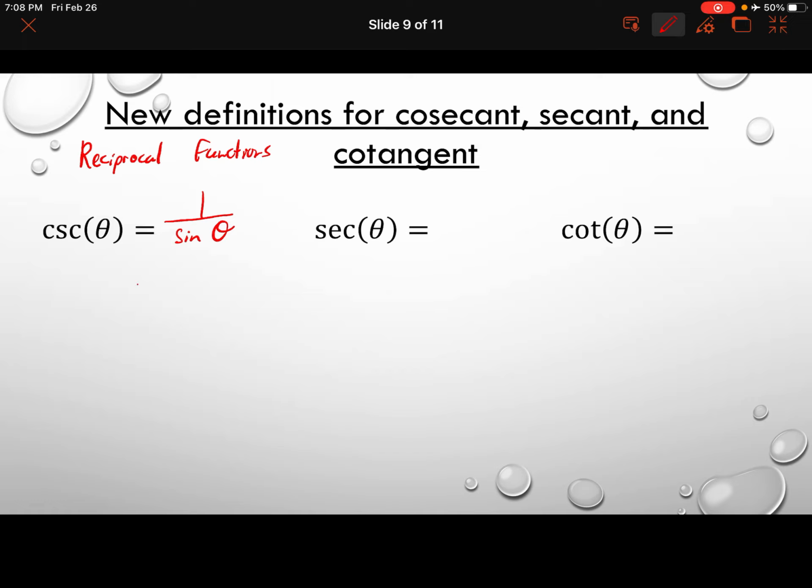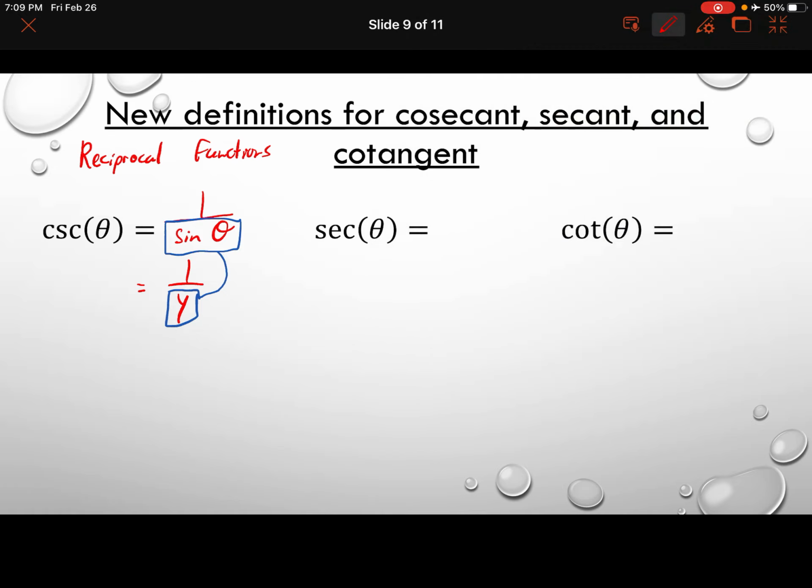Or a relationship we established earlier when it comes to the unit circle is that since sine is y, we can just rewrite this as 1 over y, right? We know sine is equal to the y value of your point on the unit circle, so just replace the sine with a y.